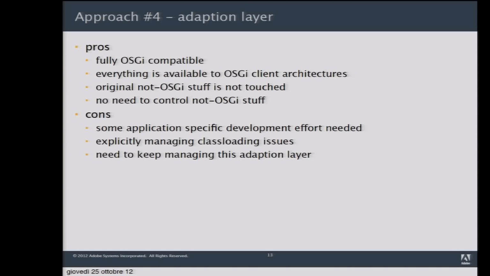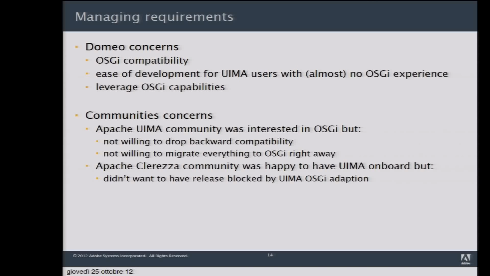No need to control the code base. But we have some application-specific development, and we need expertise on the application. We can explicitly manage class loading issues, but that's something we have to do, and we need to keep managing such a layer.